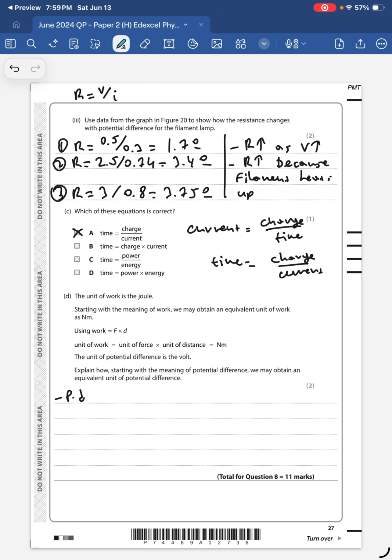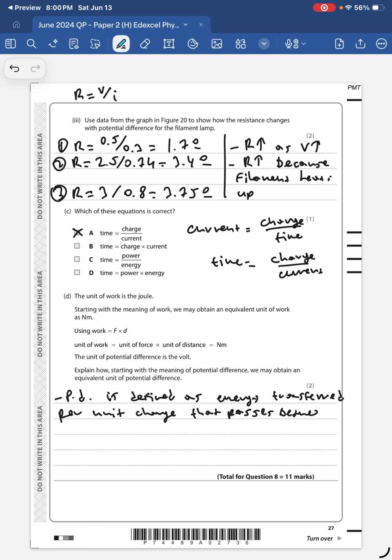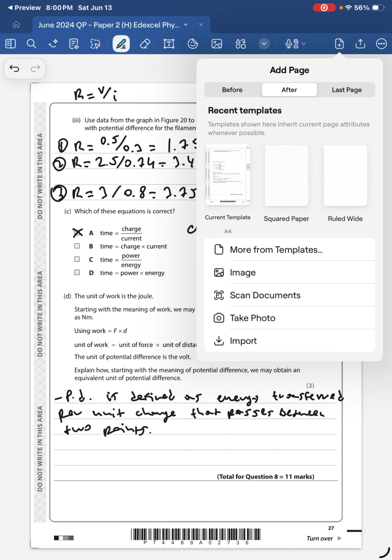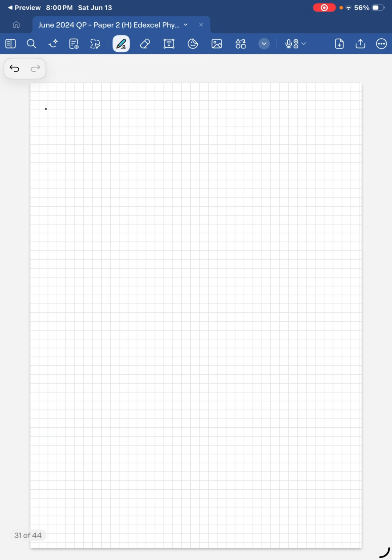Okay, so potential difference is defined as energy transferred per unit charge that passes between 2 points. Okay, so let me turn to a clean page.